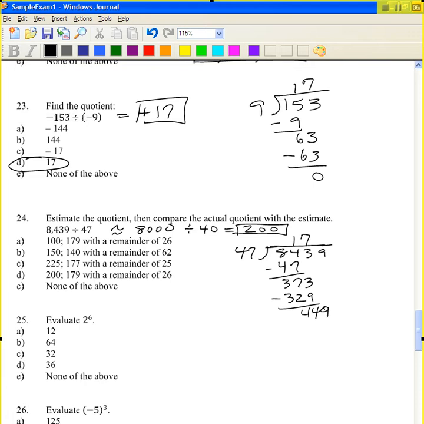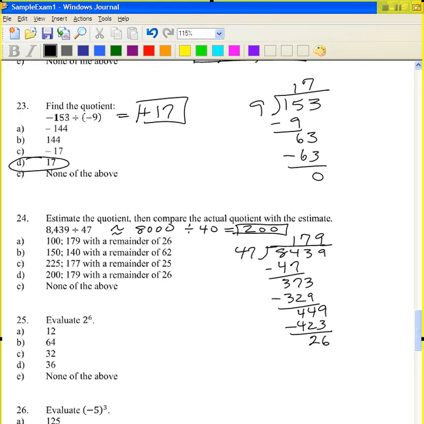Drop down the 9. 449 divided by 47, 9. 423. So let me subtract. 449 minus 423, 26.